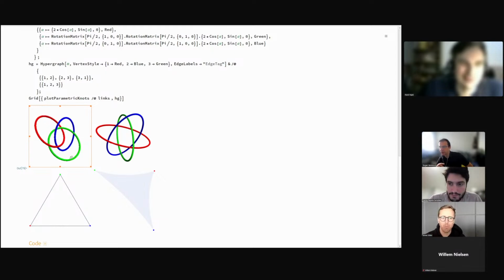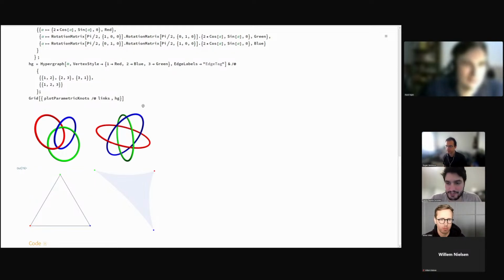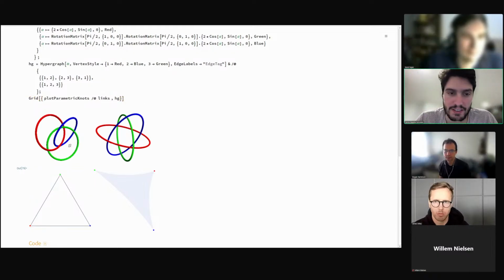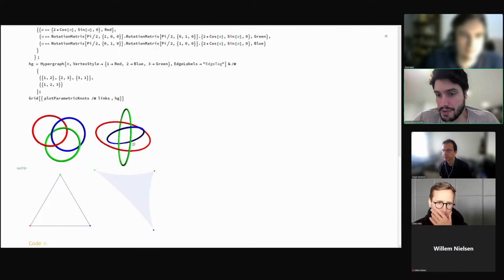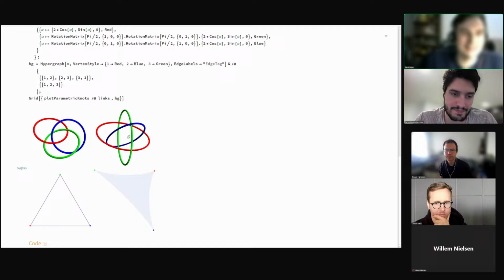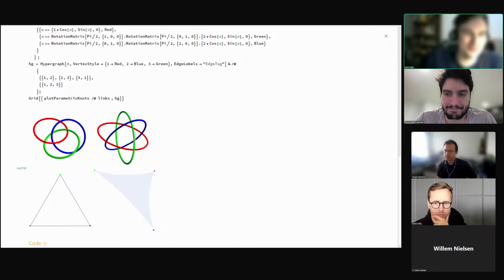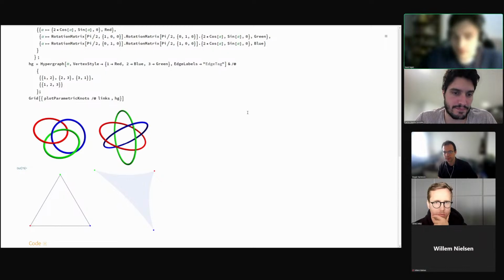If you took away any one of them, the other two would still be linked together. Whereas for the ternary link, that's exactly the point: if you remove any of the three, the link disappears. But in the other one, if you remove any of the three, the link remains. So none of the pairs are linked, which basically says that if you remove one, the rest is not going to be linked. So this is a motivation for hypergraphs.